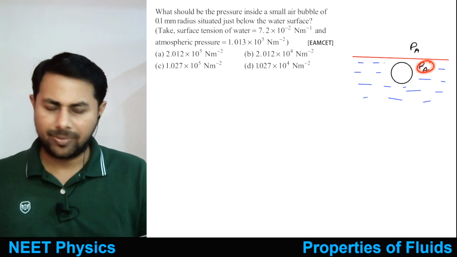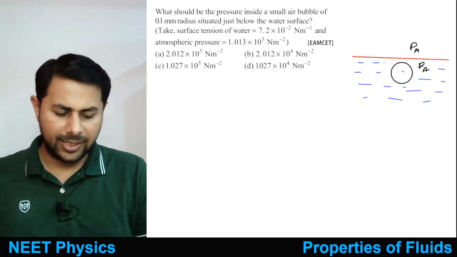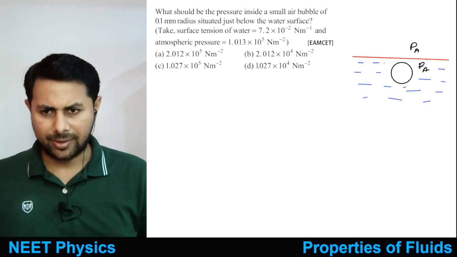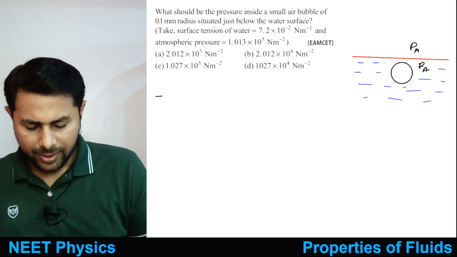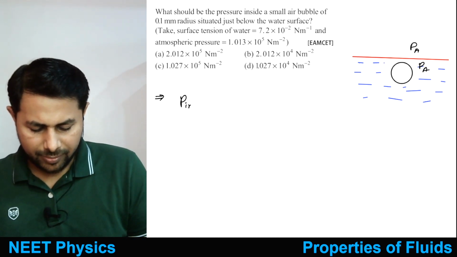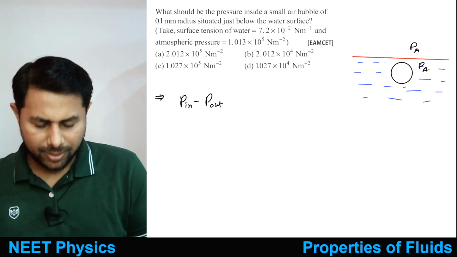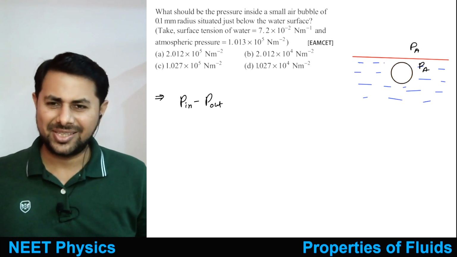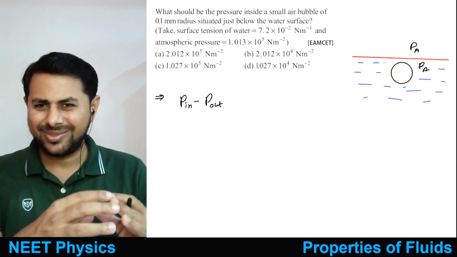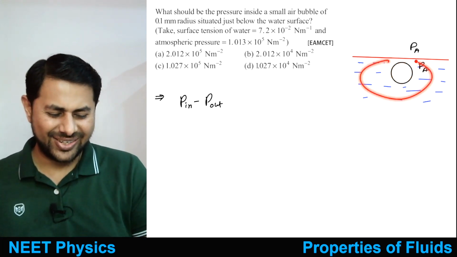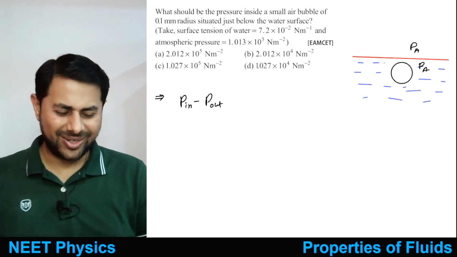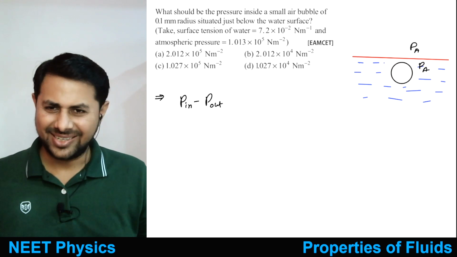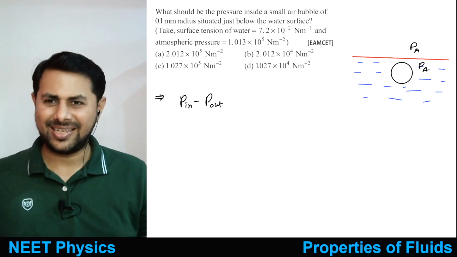That means it is air pressure. So the pressure inside is greater by an amount of 2T by R. So we have P in minus P out. To simplify this, I can say this is like an air drop inside water. The surrounding is water and this is an air drop inside, right?